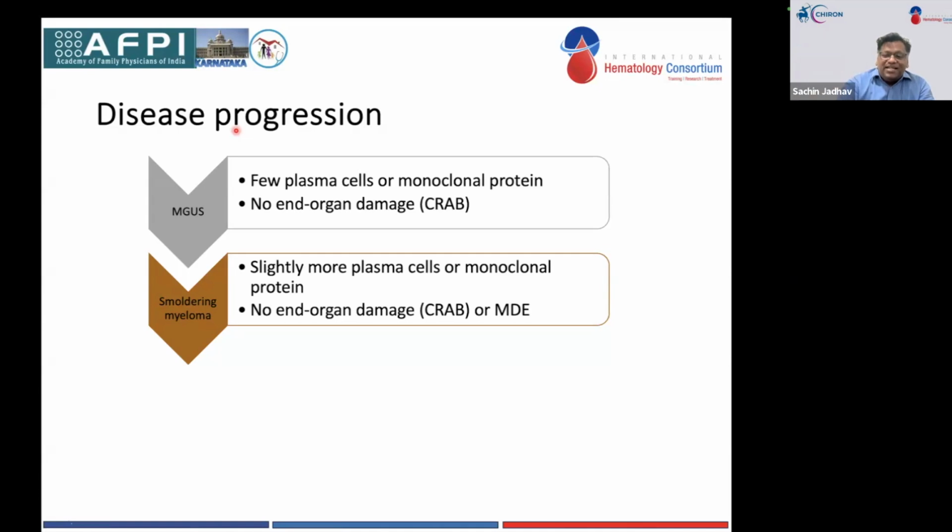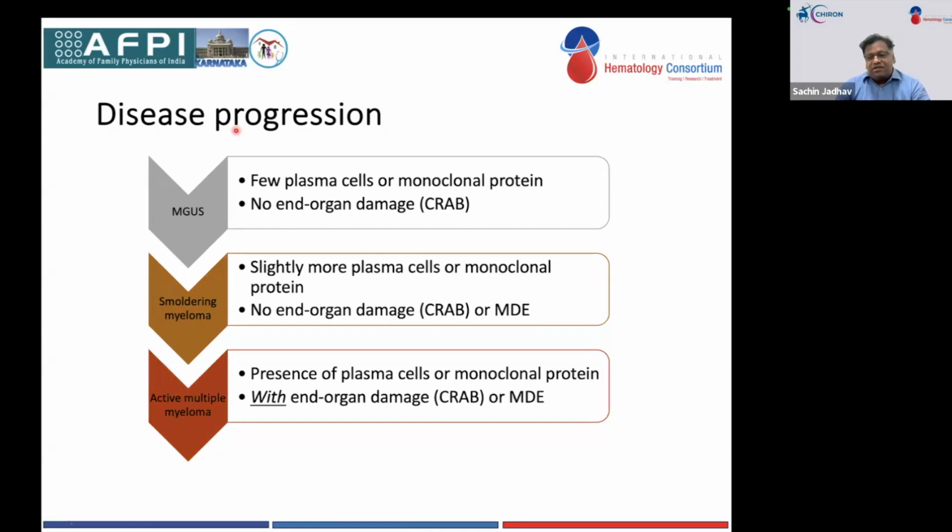And a few years later, smoldering myeloma will turn into active multiple myeloma, where now the plasma cells have really increased and they have started causing CRAB or MDE. So these are the stages. And because myeloma is a slowly growing disease, we have been able to study this, and research has shown how some patients with MGUS develop more mutations, progress to smoldering, more mutations, progress to active myeloma.